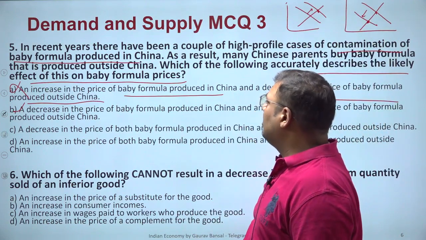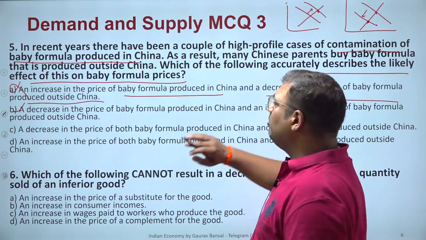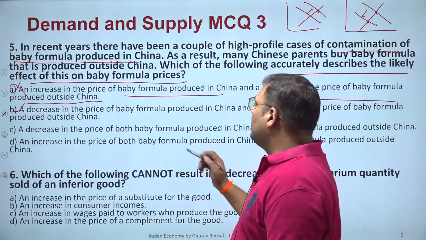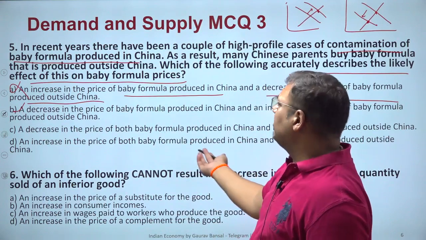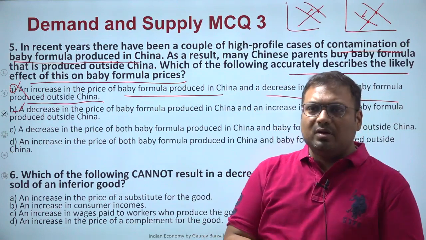So B is the answer. Decrease in price of Chinese baby formula, increase in the price of outside baby formula. Decrease in price of both, increase in price of both are not correct options. B is the answer.